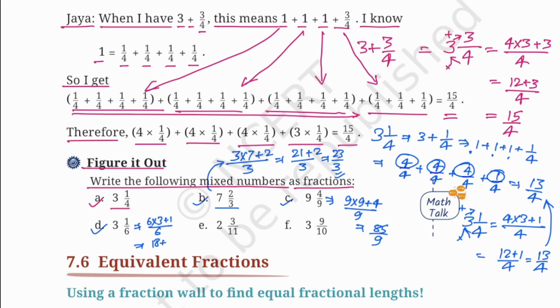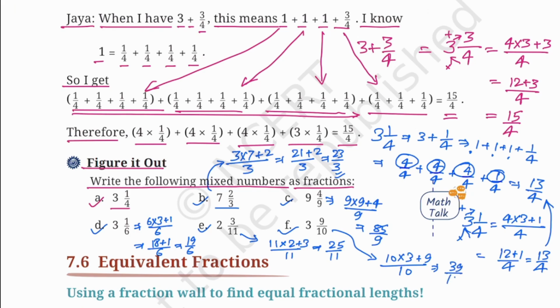That is 18 plus 1 upon 6 or 19 upon 6. E. 11 into 2 plus 3 upon 11. 25 upon 11. F. 10 into 3 plus 9 upon 10 equal to 39 upon 10.